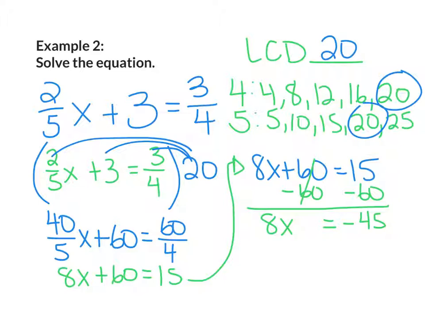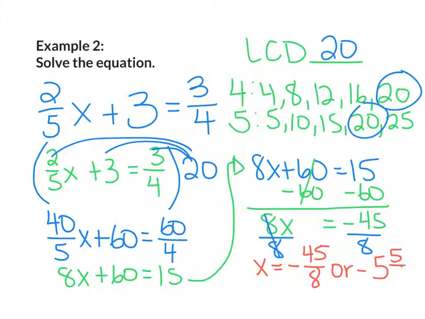So since I have 8 times x, that is multiplication, I need to do the opposite of that, which is division. So I'm going to divide both sides by 8. These cancel out. I'll be left with x equals negative 45 over 8, or negative 5 and 5/8. And that is my answer.